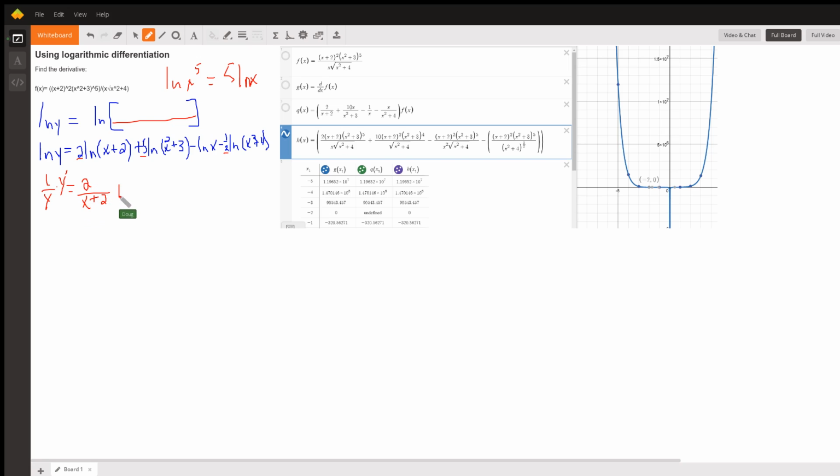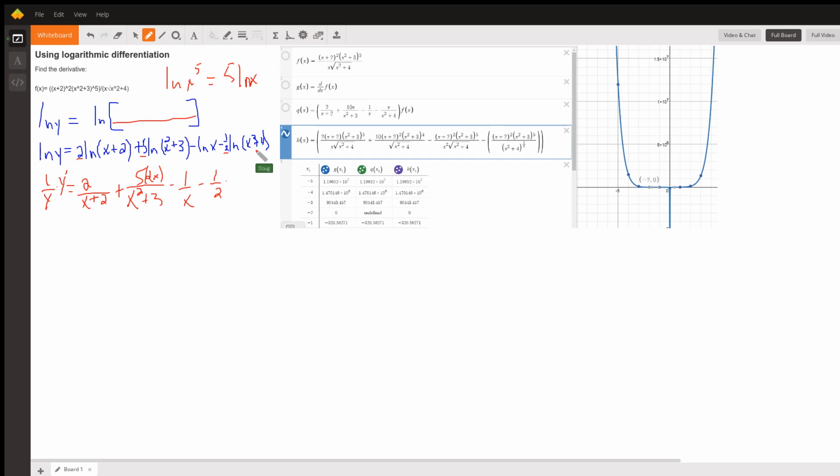For here, the second term, we have 5 times the derivative of the natural log. Ln of x squared plus 3 is 1 over x squared plus 3 times the derivative of the inside, chain rule, which gives us 2x up here, minus the derivative of ln of x is 1 over x, minus 1/2 times the derivative of the log.